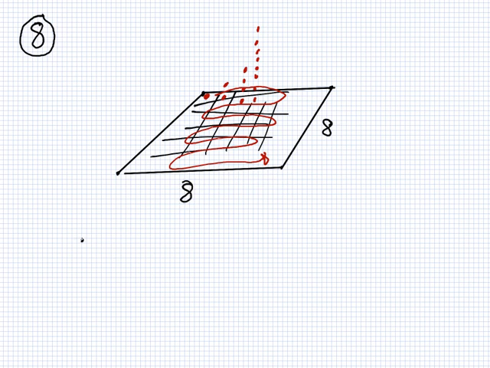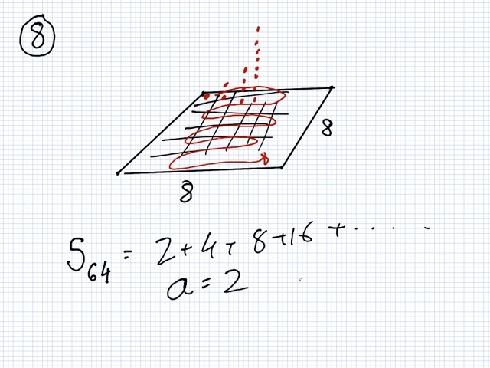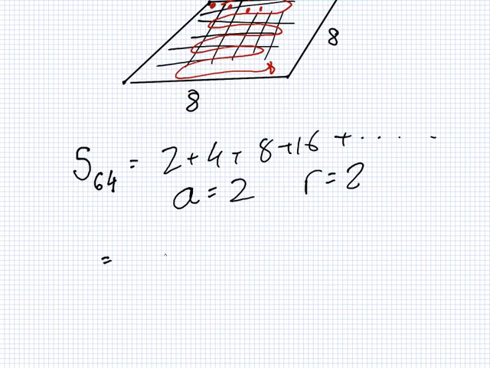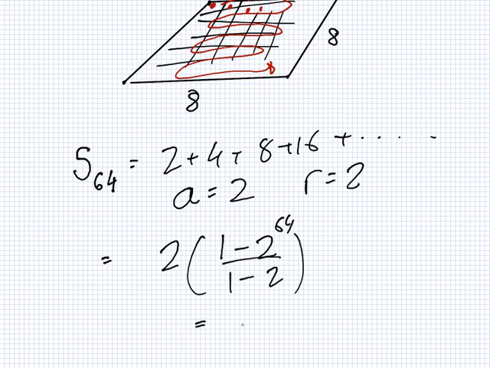So the answer is you want to calculate F64, which is 2 plus 4 plus 8 plus 16, etc. This is GP, with A equal to 2 and R equal to 2. So you have A(1 minus R^n) over 1 minus R, which will be 2^63 minus 1.